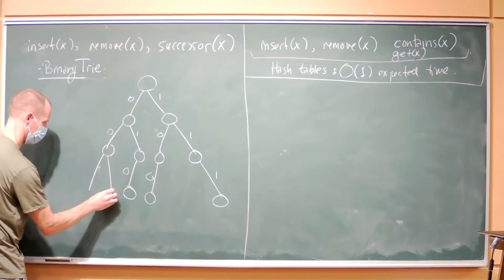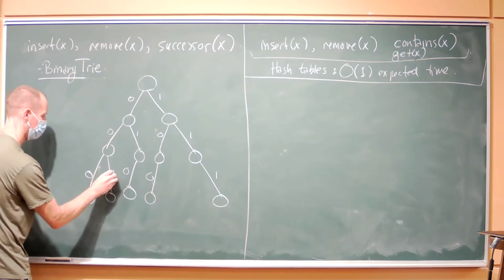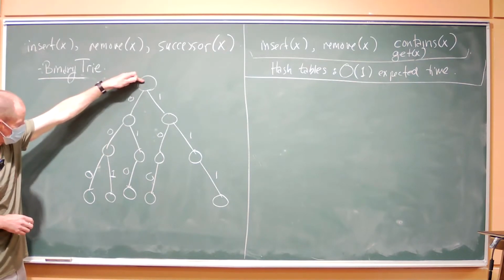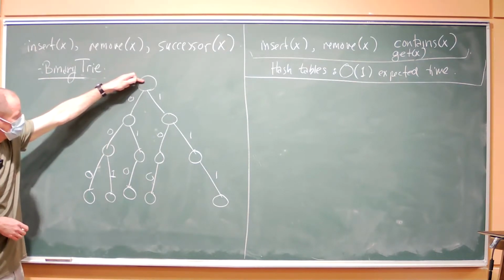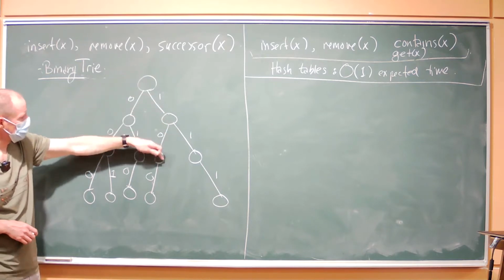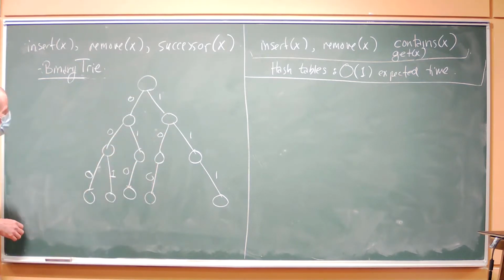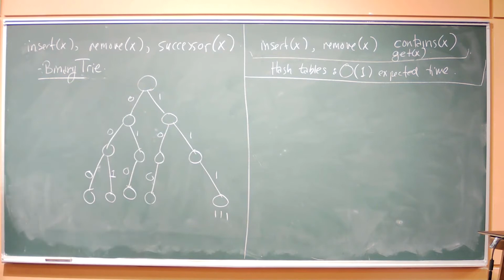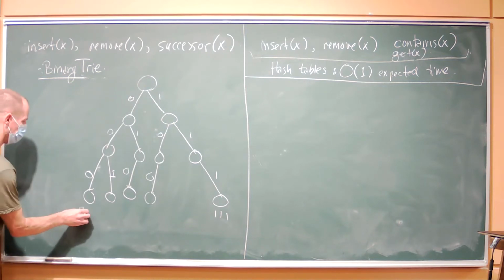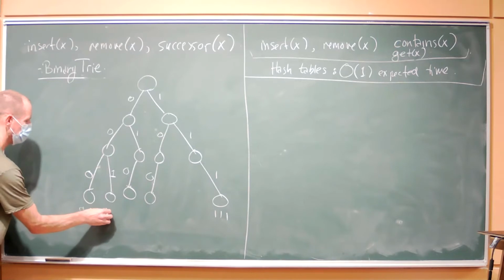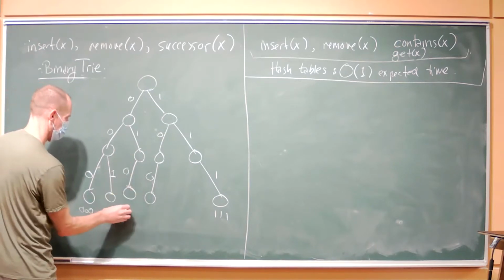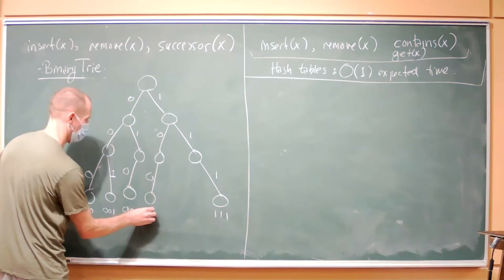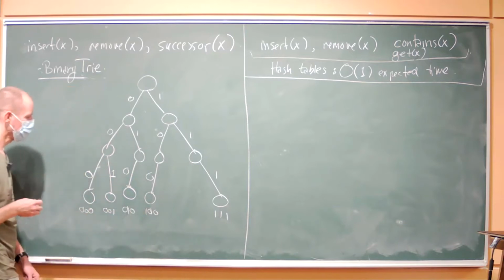So let's do this. And each leaf represents the integer that you get by stringing together this sequence of zeros and ones, right? So this is the integer 1, 1, 1, or 7. This is the integer 0, 0, 0. That's 0. This is 1. This is 2. This one is 4. And that's it. Okay.